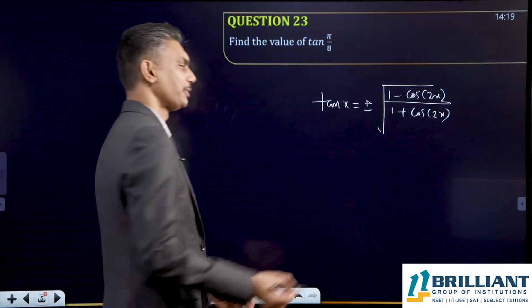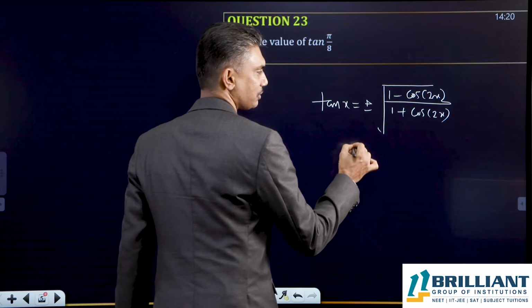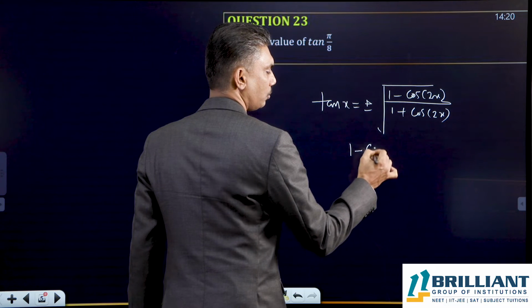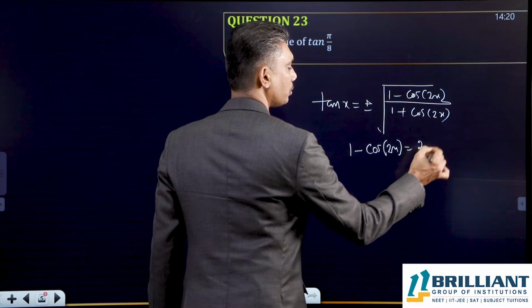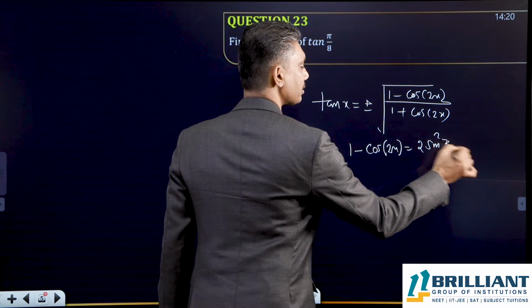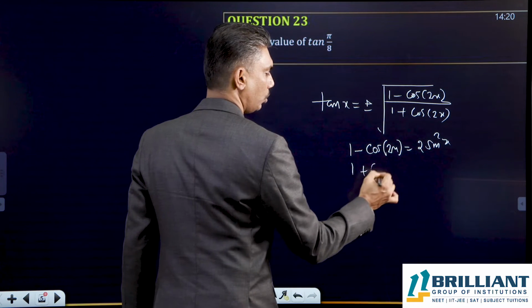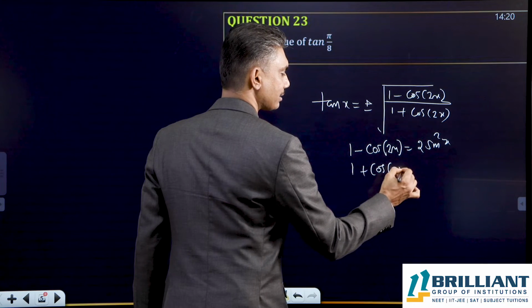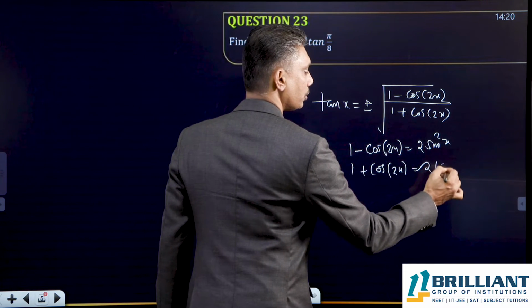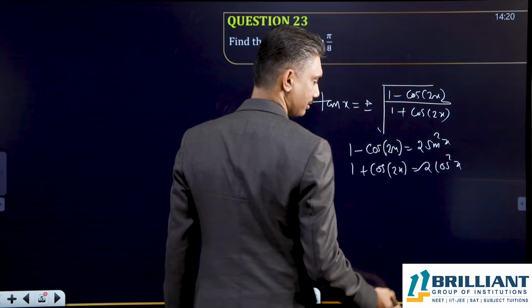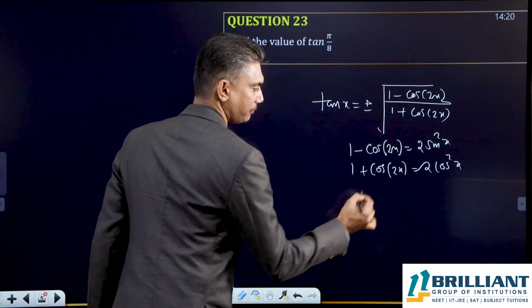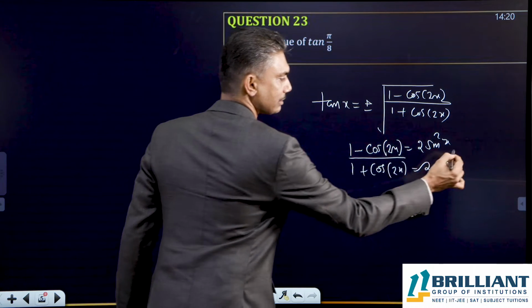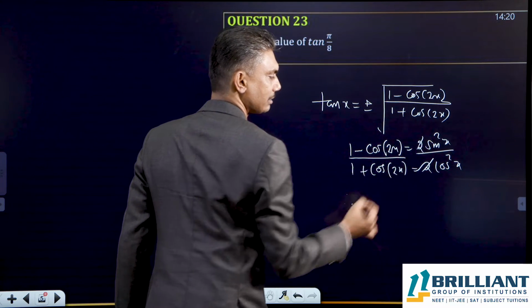Now, listen to me. How did I get this one? Because we have a formula, 1 minus cos 2x equal to 2 sin square x. 1 plus cos 2x is equal to what? 2 cos square x. Now, if you divide these two, the 2s get cancelled.